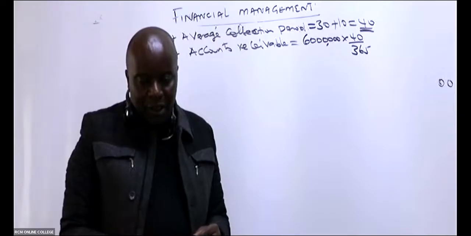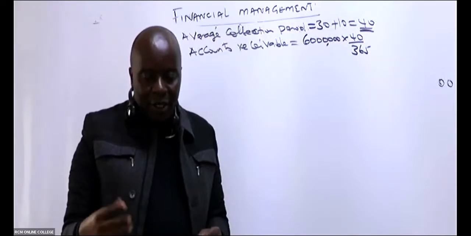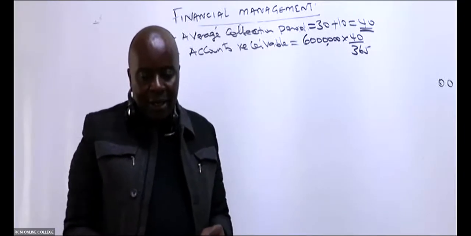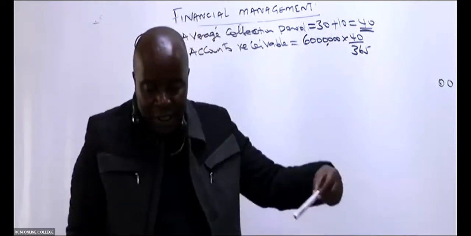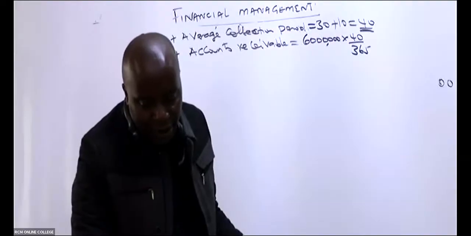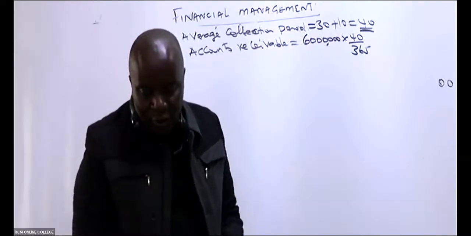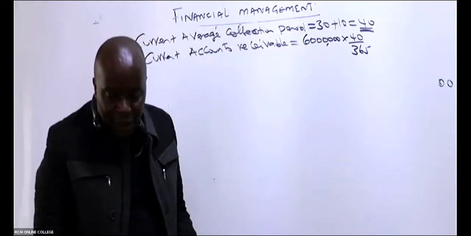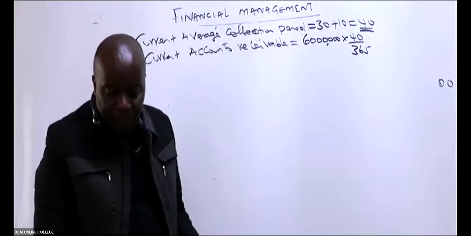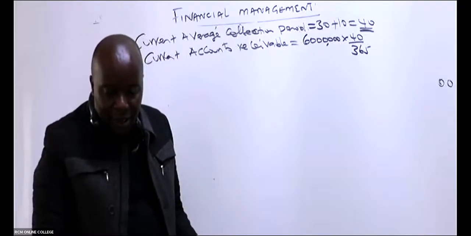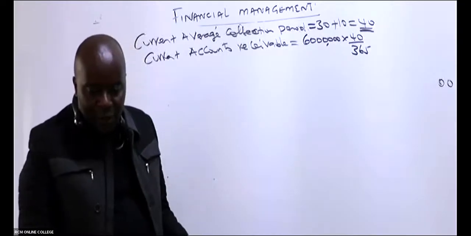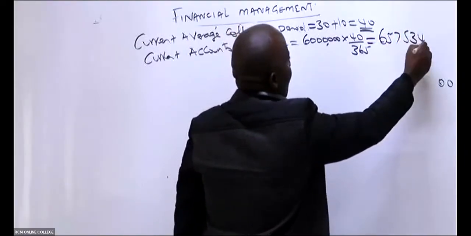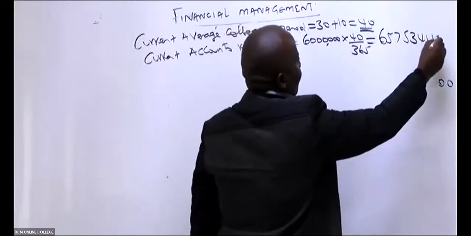Whenever we sell, we realize that we shall be paid on average in 40 days. So by the end of the year, whatever sales we have, 40 days of sales will be carried over to the next year, which somebody is giving me a figure of 657,534 US dollars.